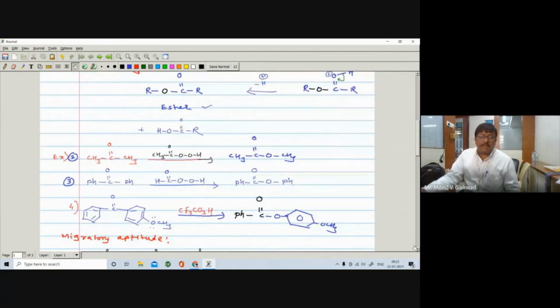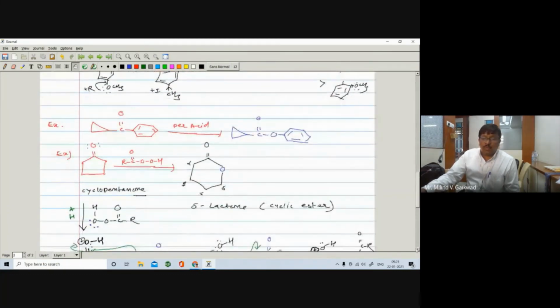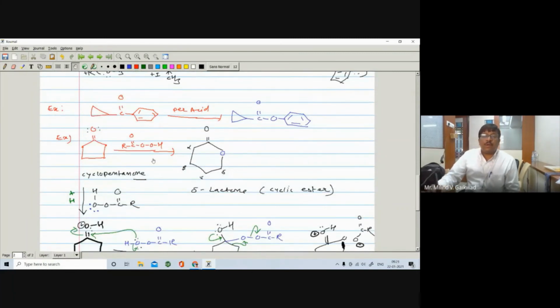These are some of the examples, right? So here the phenyl, and here is a paramethoxy benzene nucleus. This is more nucleophilic, that's why it will attack. These are some examples of per acid, peracetic acid, performic acid, then trifluoroperacetic acid, right? This is the migratory aptitude. Even if you take such type of example, a cyclic compound, just you have to introduce the oxygen atom and you can get the corresponding product.